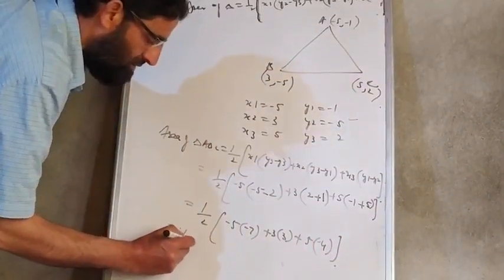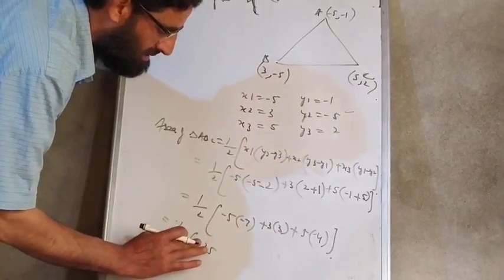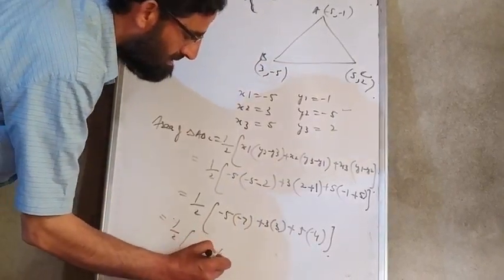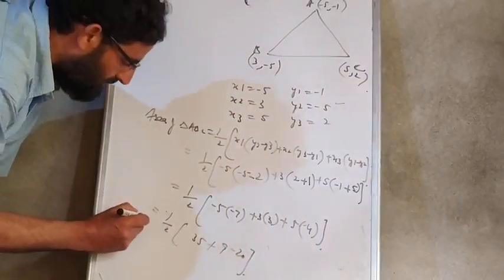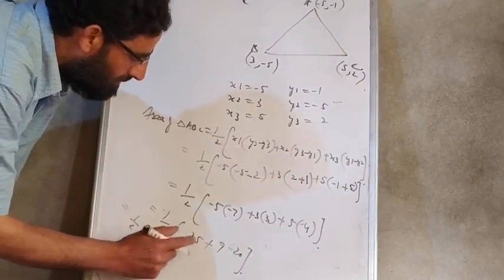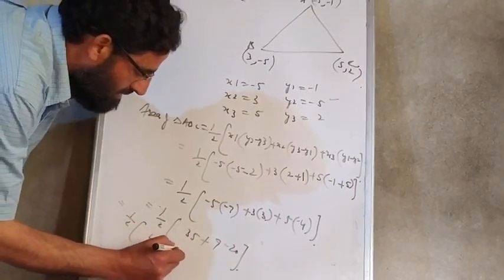So this is equivalent to 1 by 2. 5 sevens are 35. This plus 35 plus 9. 3 threes are 9 minus 20. So this is equivalent 1 by 2, 44 minus 20.